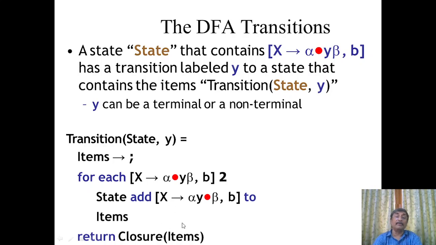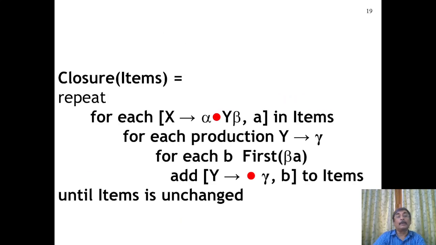And the moment I close it, I get a goto set. Now, what does closure mean? Remember, I told you repeatedly, if I have a dot preceding a non-terminal, then I need to consider all productions where this non-terminal is at the left. And then I have to add the first component without any fail.